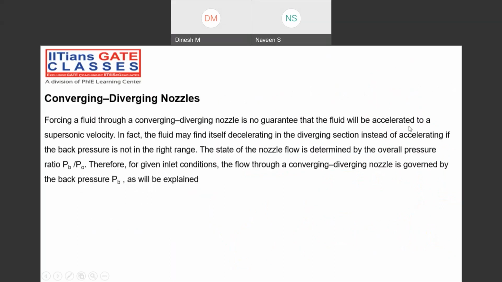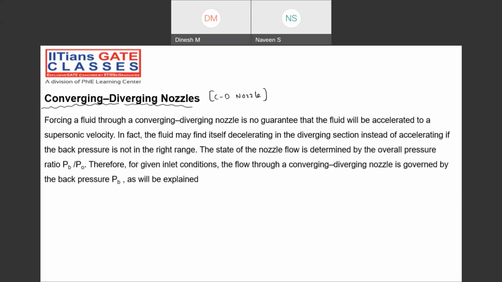Perfect. Now, the convergent divergent nozzle we also call the CD nozzle. So that's a very, very important thing.